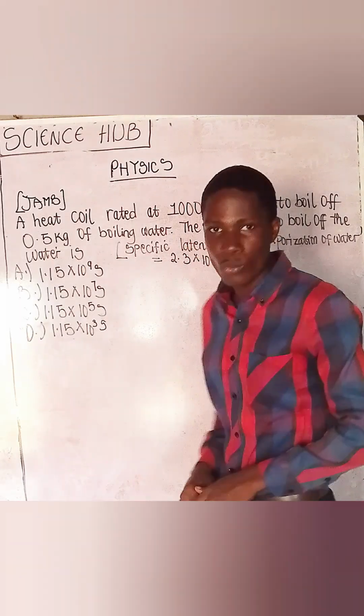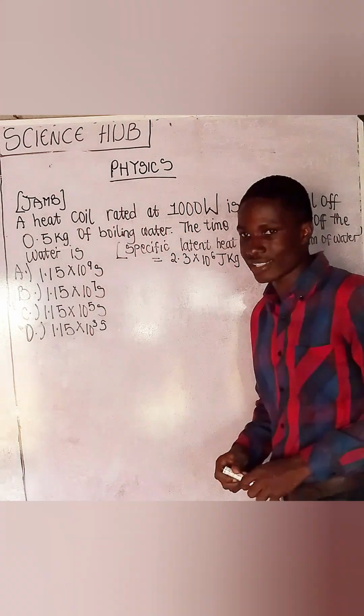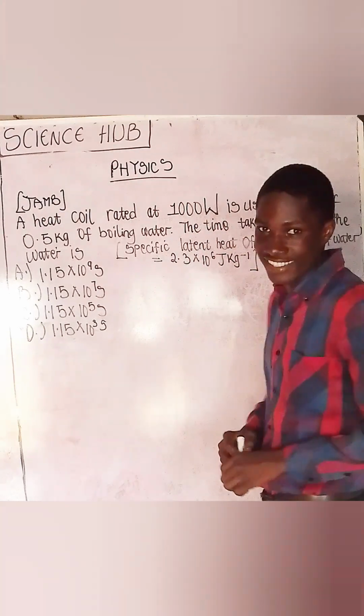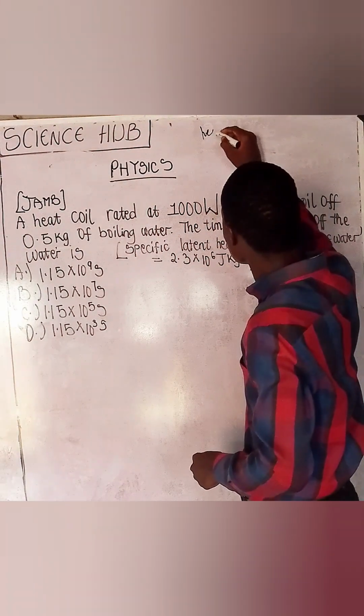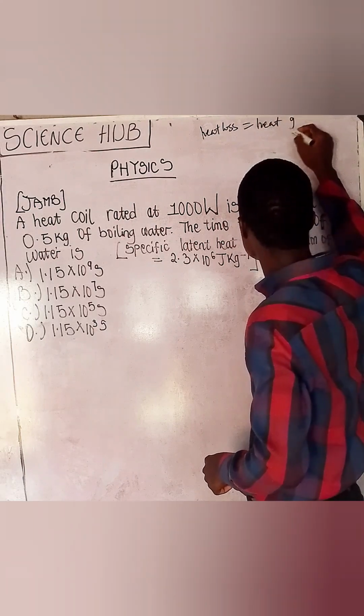Now let me tell you how we are going to have this formula. The heat coil is rated at 1000 watts. There is a particular law in physics that states that heat lost is always equal to the heat that is gained.